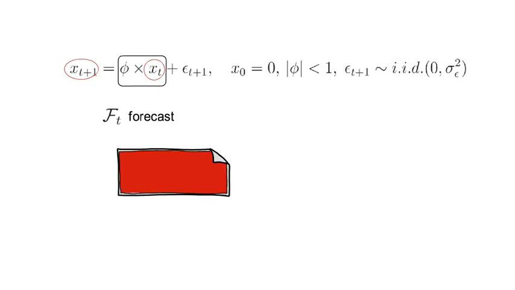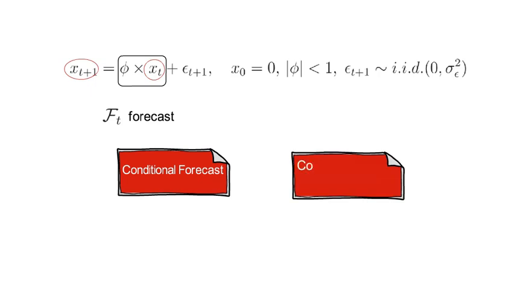Such a forecast is called conditional forecast. To be more precise, we can say that phi times xt is the conditional one step ahead forecast for xt plus 1. Now let's verify that this is indeed the correct forecast.